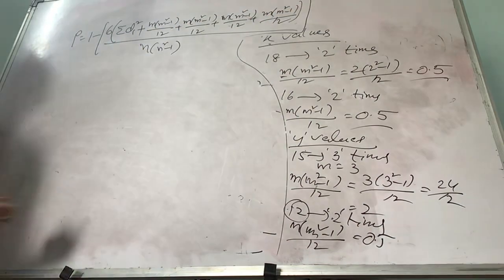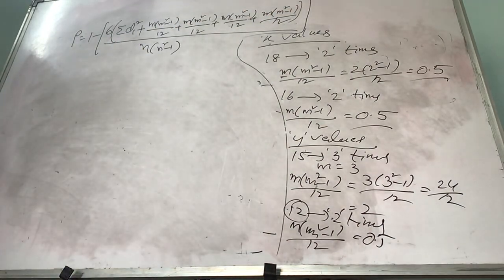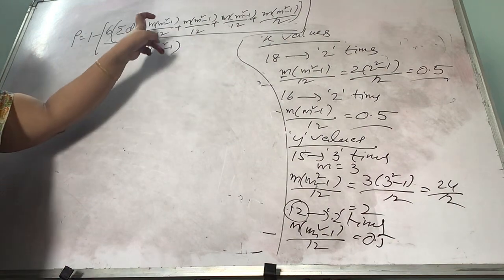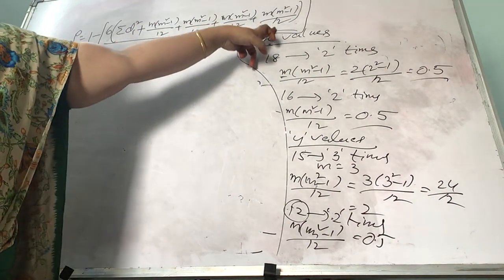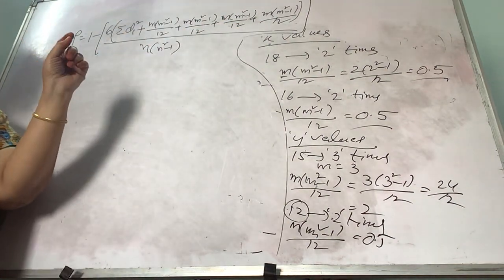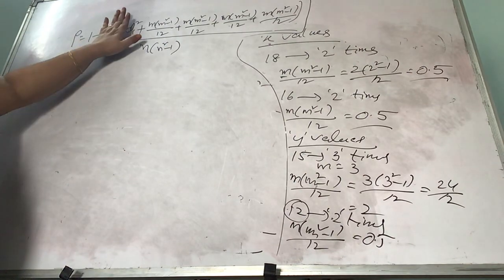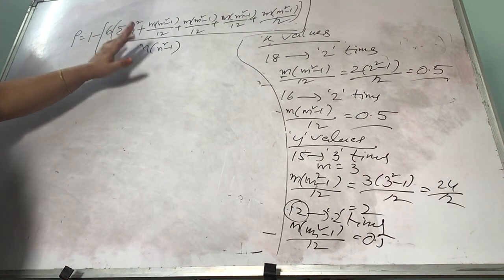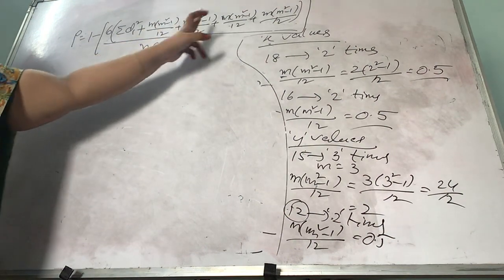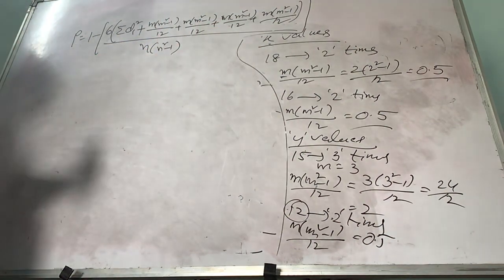Here 4 observations are repeated, so we add 4 factors to summation of di square. That is the only difference. For repeated observations, we have to add the factor for each of the repeated observations.